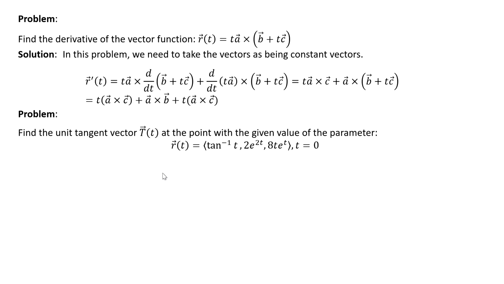That's how you find the unit tangent vector T. So to find T at 0, pay attention to this. To find T at 0, could we do r prime of 0 over the magnitude of r prime of 0?